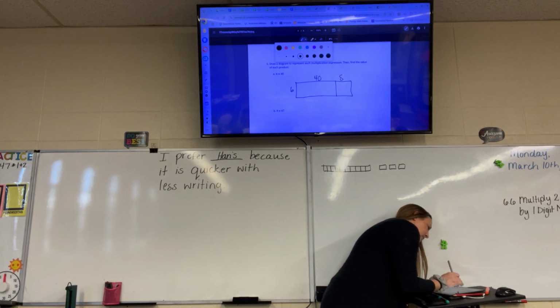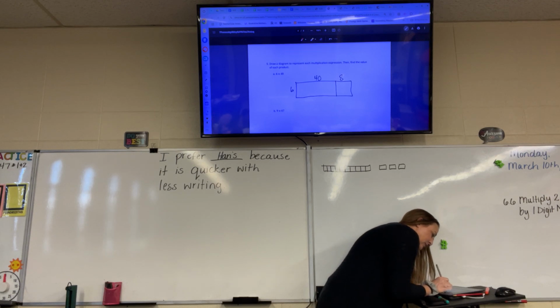I'm going to color code this so you can see what I'm doing. For this first box, I'm going to multiply 6 times 40. And for the other box, I'm going to multiply 6 times 8. So 6 times 4 is 24 with a 0 behind it. 6 times 8 is 48.